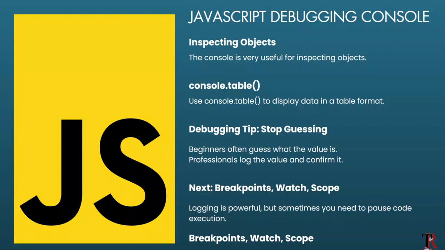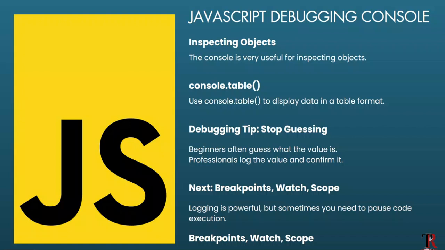Now, what are some debugging tips that you should know? Instead of guessing, professionals check for facts by logging out a value to understand what is wrong, especially the actual point where something went wrong in their code. Beginners often guess what the value is.